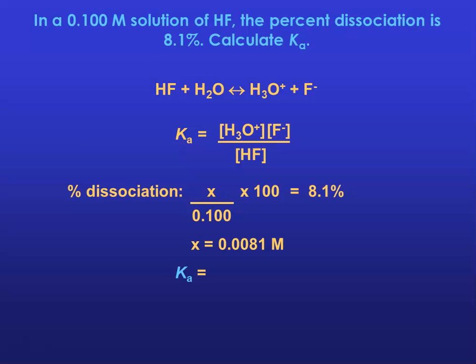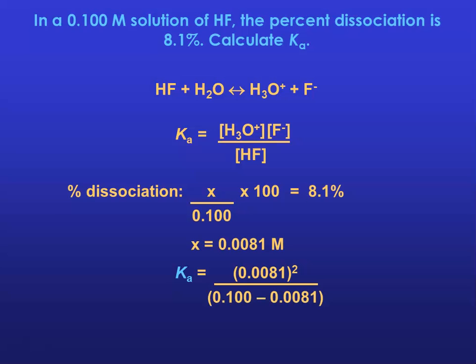I now know what the concentration is of my hydrogen ions and my fluoride ions because they would both increase by X. If we go back and look at one of the previous two problems, we didn't have any products. X is what we made of our products.